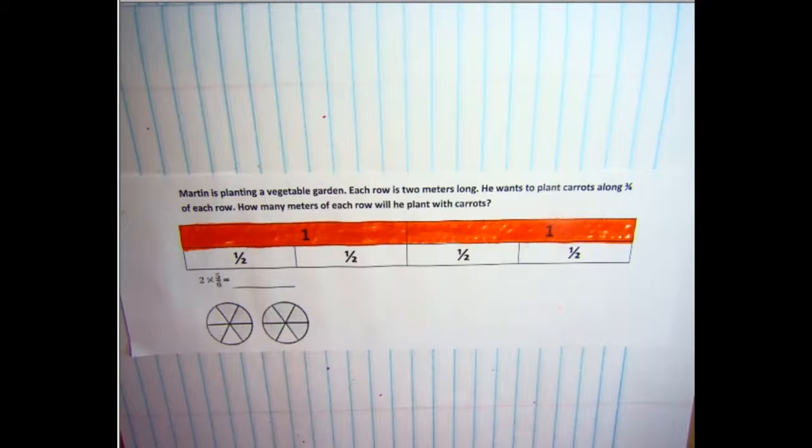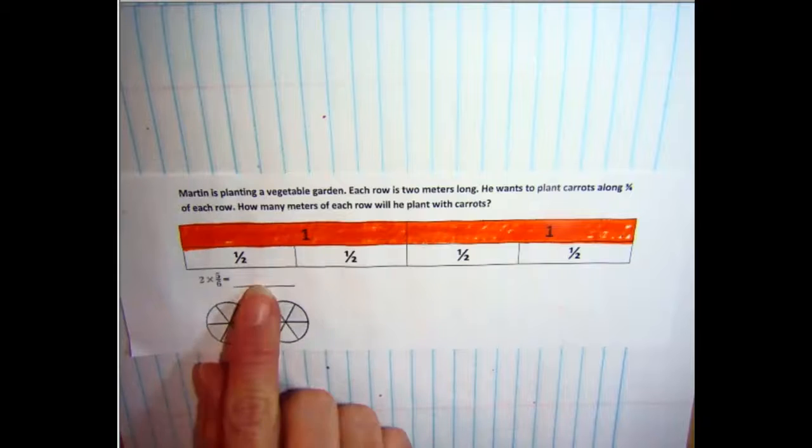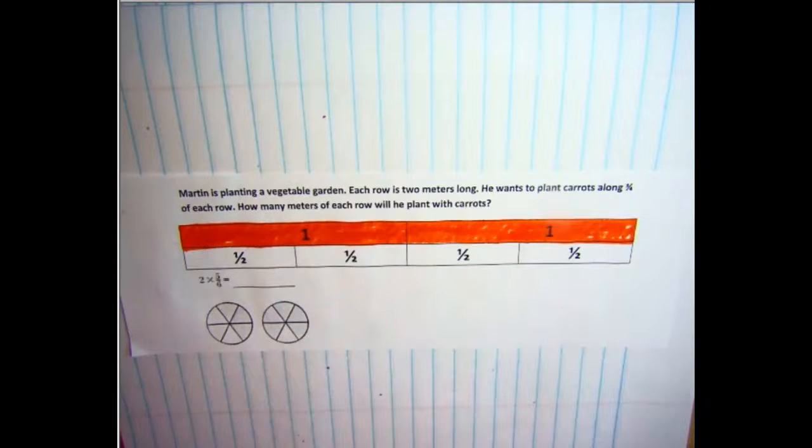Somebody else think about it. Look at the problem and tell me why you think they chose this model for this problem. Colson? Because it'll be easier if you put them into 4 because they're together.